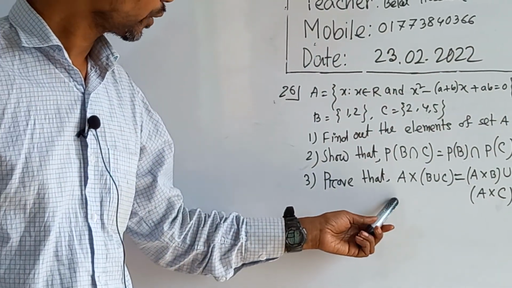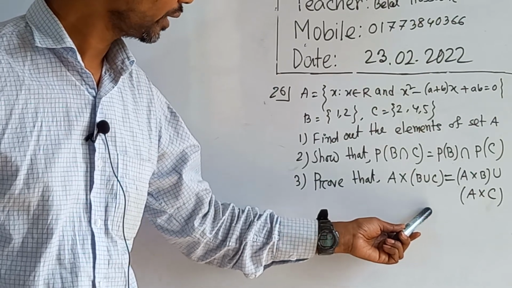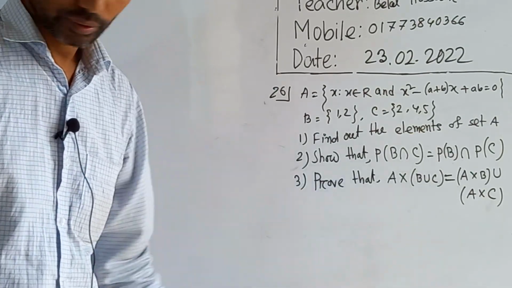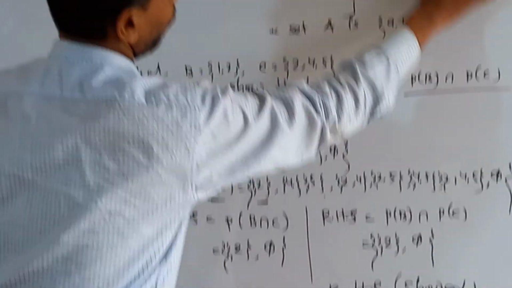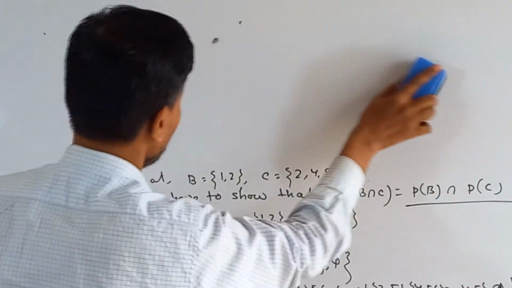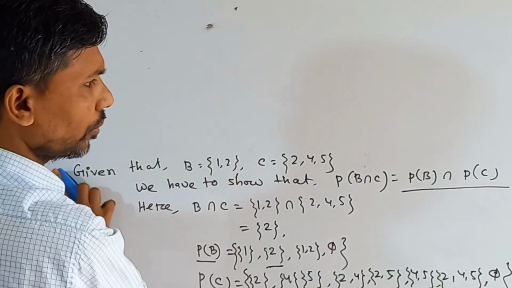Prove that A cross (B union C) equals (A cross B) union (A cross C). Students, already we have got from question number 1 that A equals {a, b}.